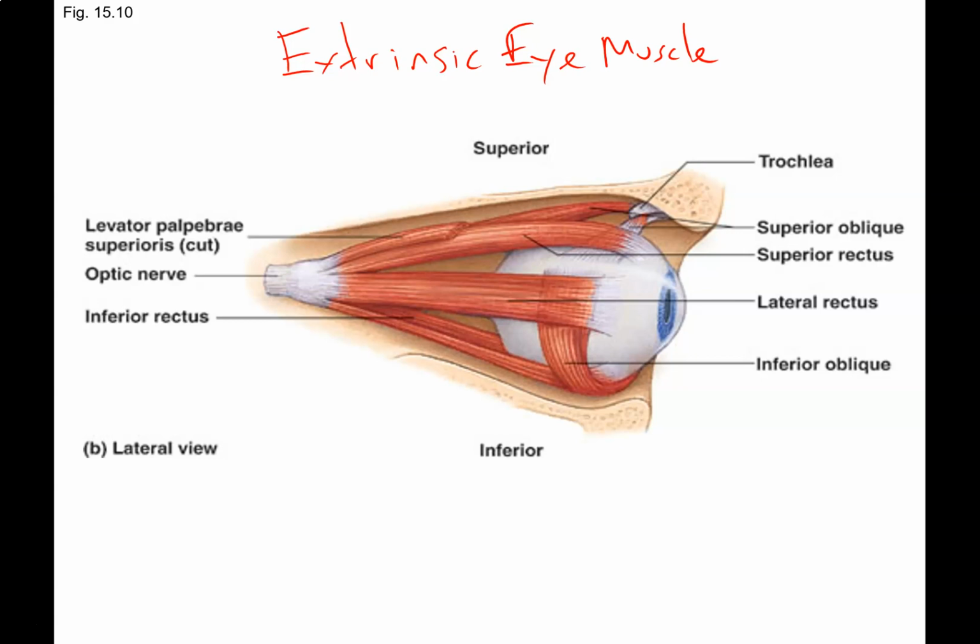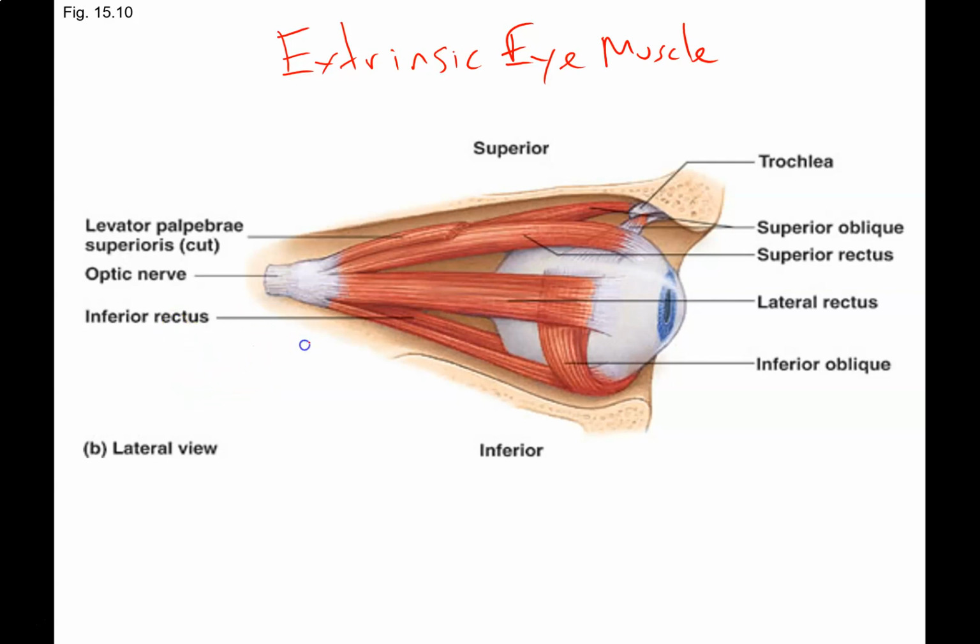There are 6 sets of muscles. 4 of them have the word rectus in them. The word rectus means straight, right? And so these rectus muscles run straight from the eye along the sagittal plane, right?